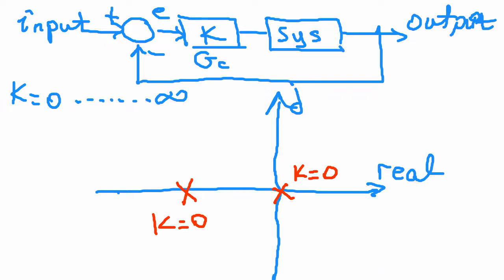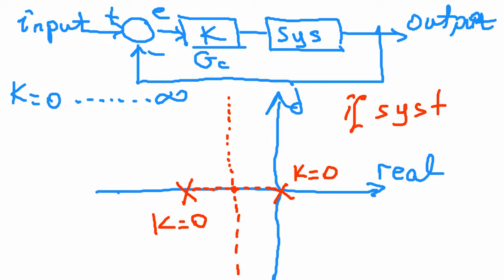When you increase the K, of course you cannot predict the curve, but the curve is going to start moving and coming here at a joint point, and then the curve is going to continue like this if the system is second order.